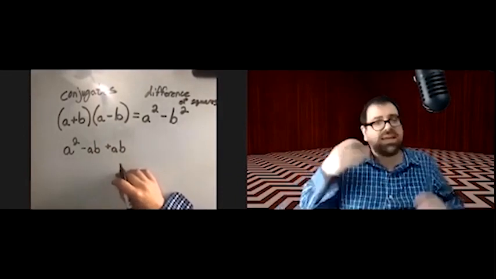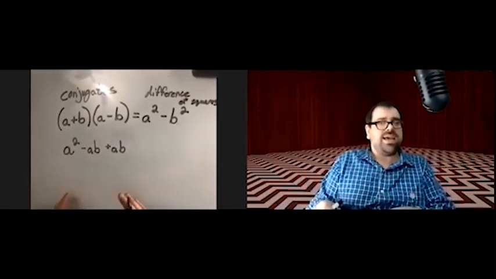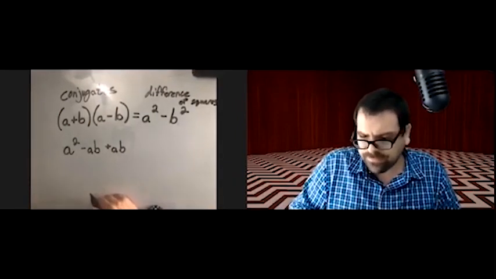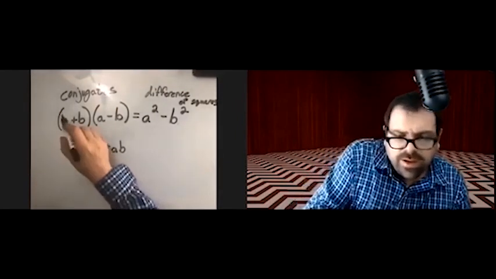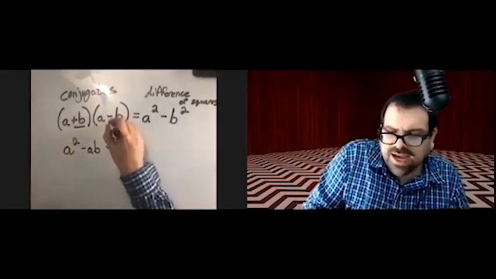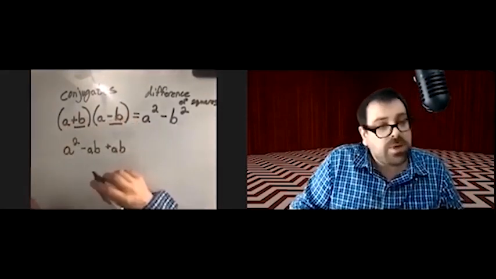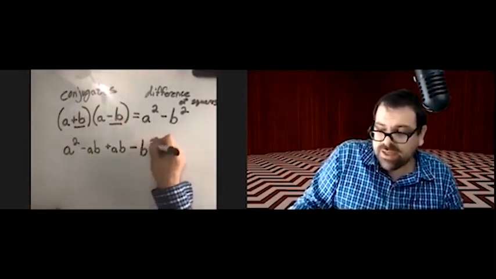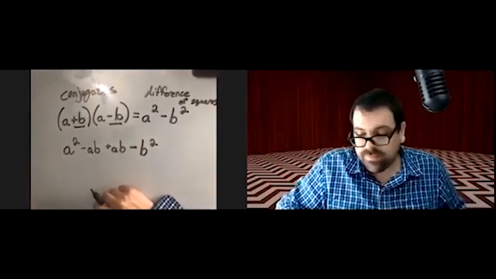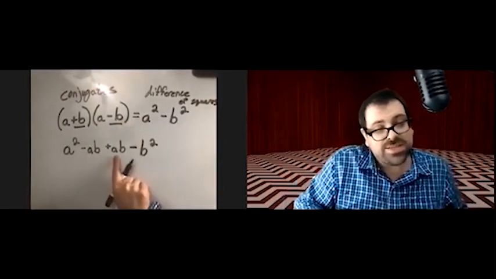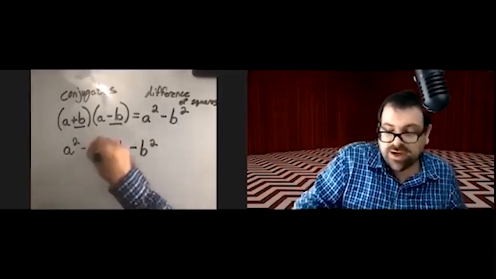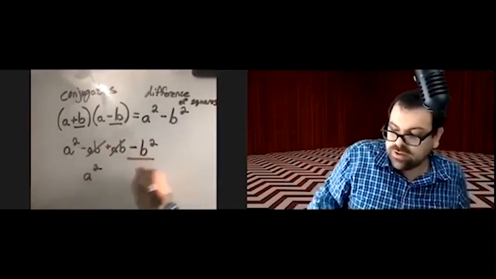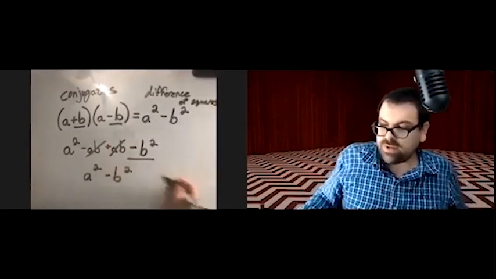So we don't have to be thinking AB is the same as BA. We'll always see it with the A first if we write it alphabetical. And then positive b times negative b. Positive times negative is negative. b times b is b squared. Then negative ab plus ab, those cancel each other out. And we're left with a squared minus b squared.